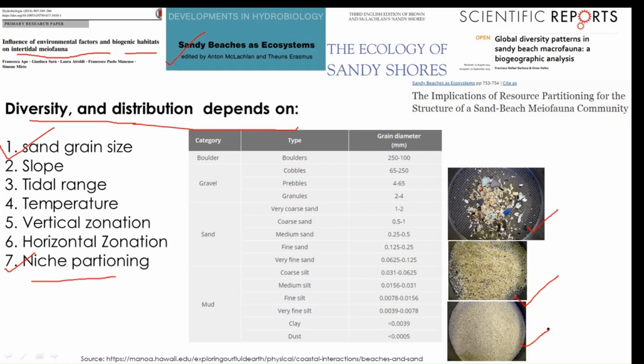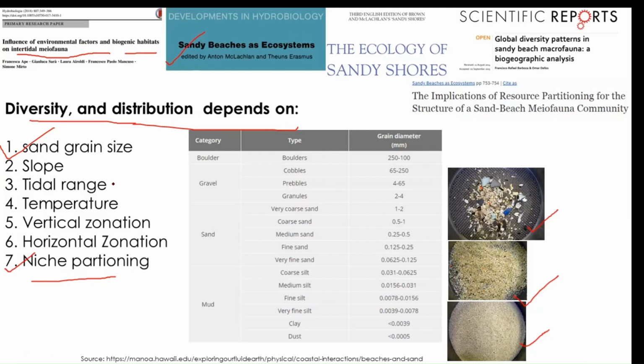One particular explanation is that depending on the type and the grain size, these different categories of the sands will make different interstitial spaces, right? And now depending on that, you will have different types of the meiofaunal diversity. Okay, that's clear now.